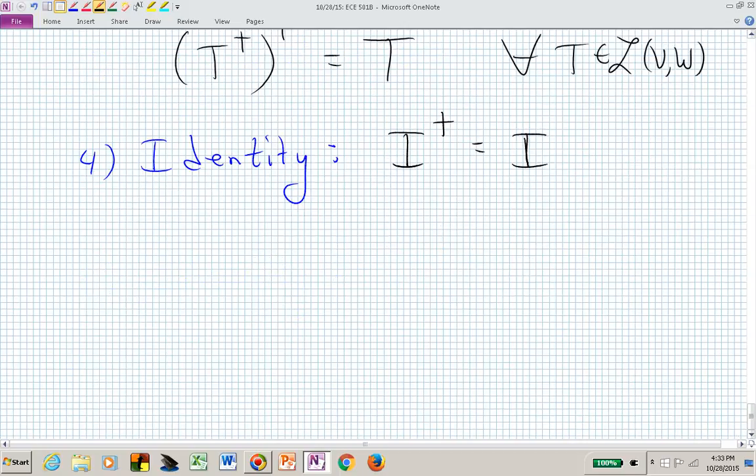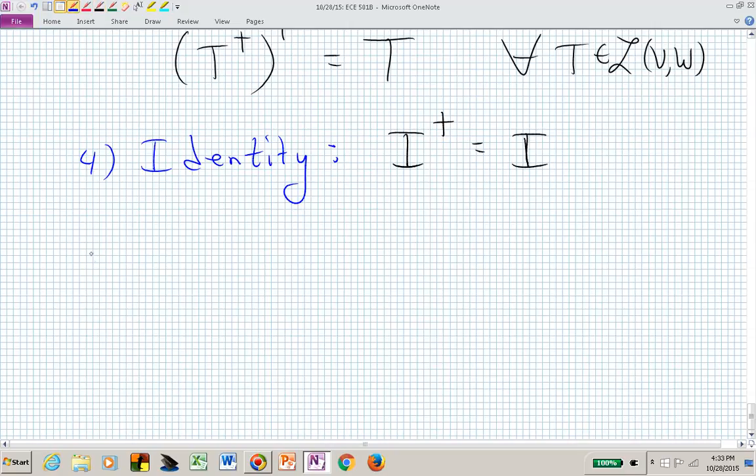Pardon? So now if we have the identity map I, what does that tell us about V and W? So now they're the same, aren't they? And if they're the same, then the adjoint of the identity makes sense that it's the identity.